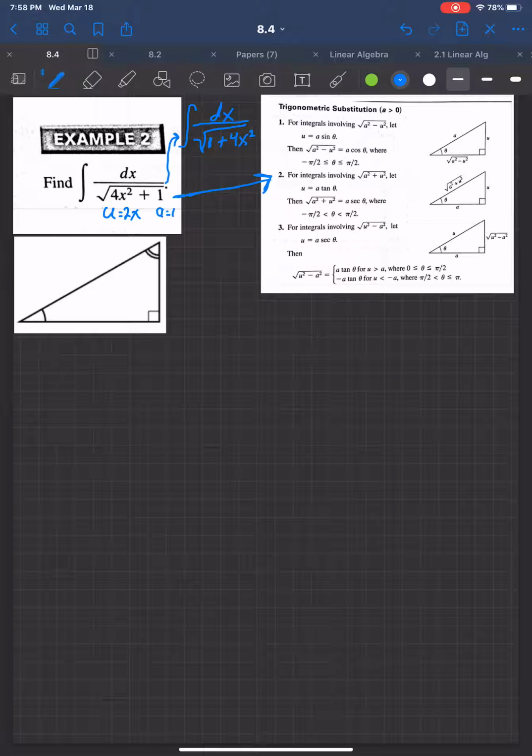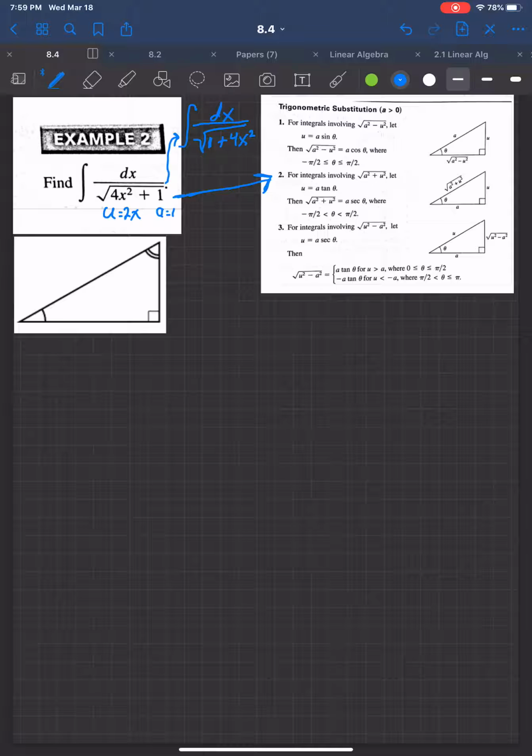Okay, so again, what I'm noticing based on the setup is that the side we're missing, I'm hoping you can do this as well, the fact that we are adding 4x squared and 1 tells me the side that we're missing is the hypotenuse.